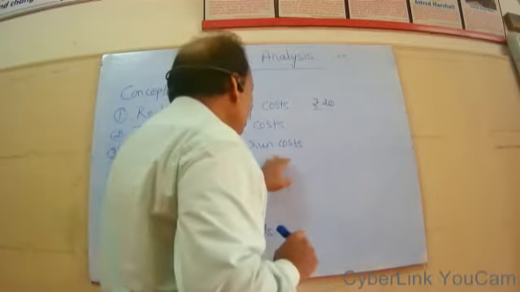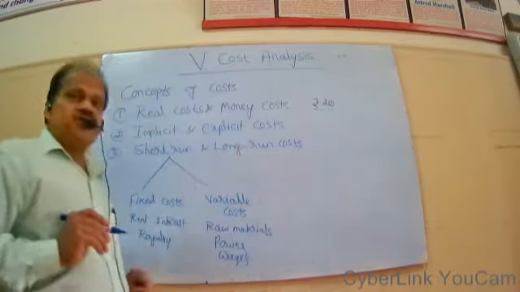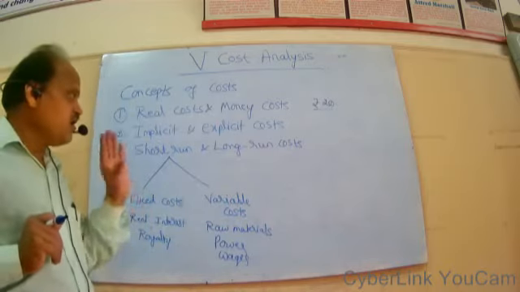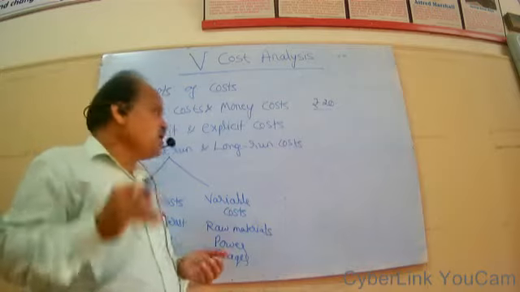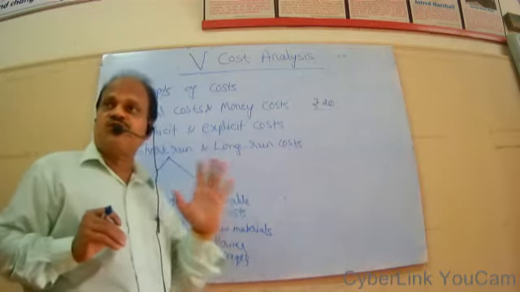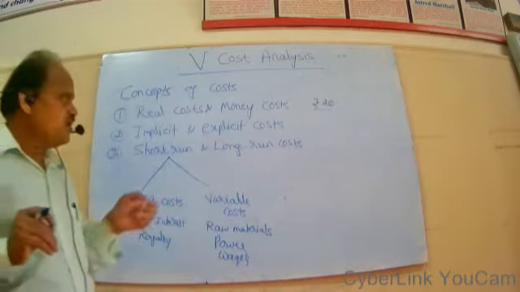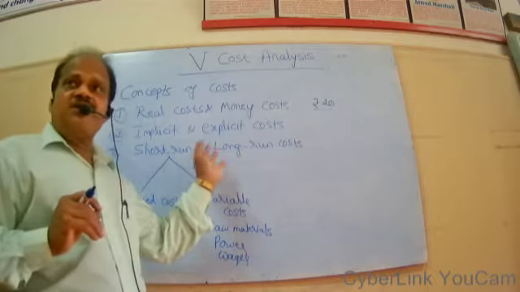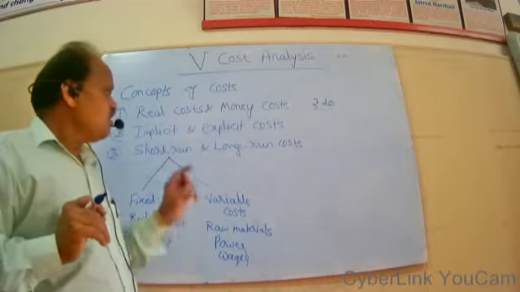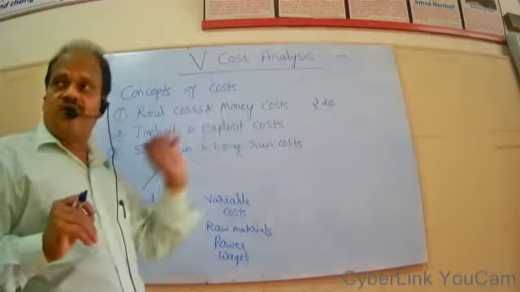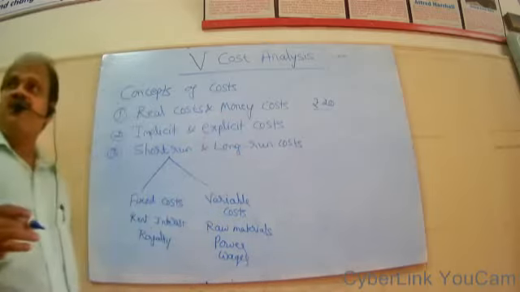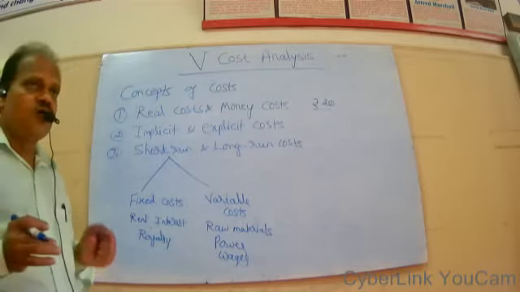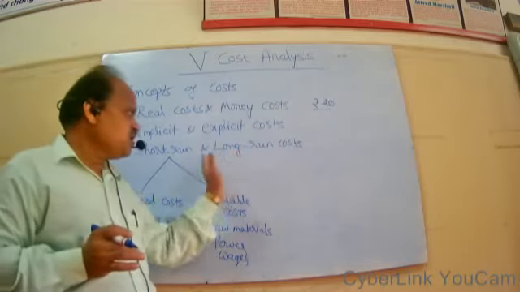Then, long run is a period during which a firm can alter its scale of production by varying all the inputs, all the factors of production. Therefore, in the long run, all factors are variable factors. Therefore, all costs are variable costs in the long run.